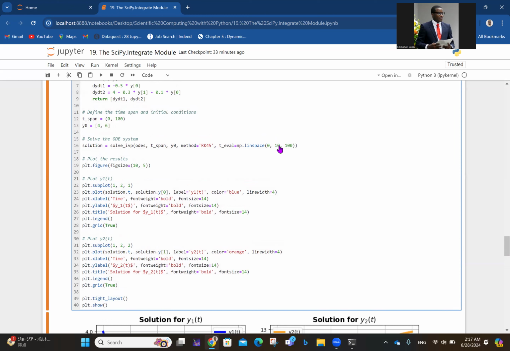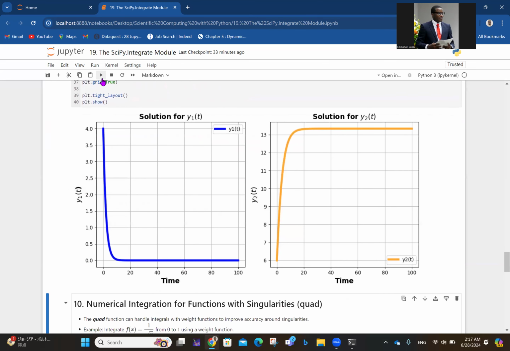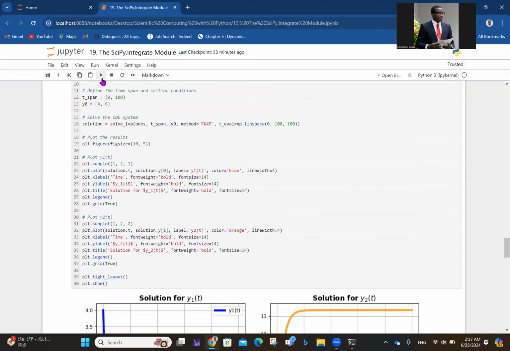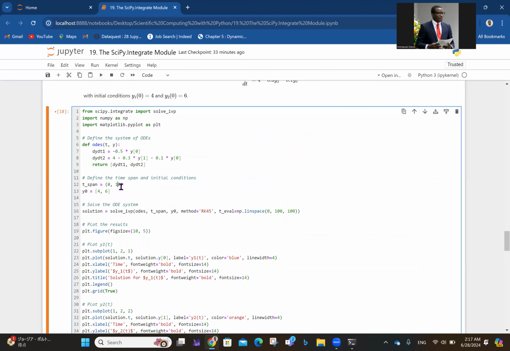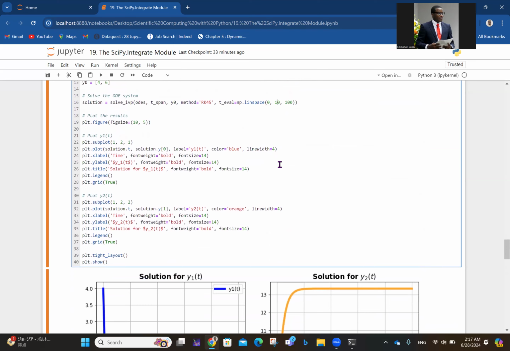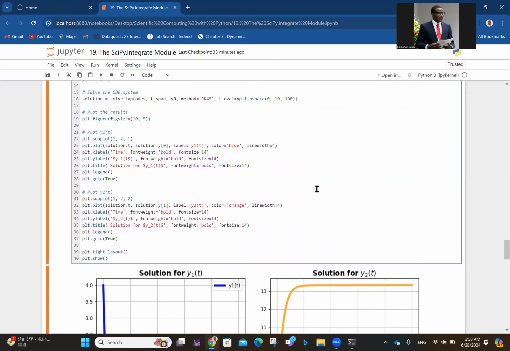So this is 100 now, in 100 divisions. Okay, so you can see the plot flattens out over time. So we can actually leave it at 10 where it was, because after some time the whole thing just relaxes, and that's what it is.